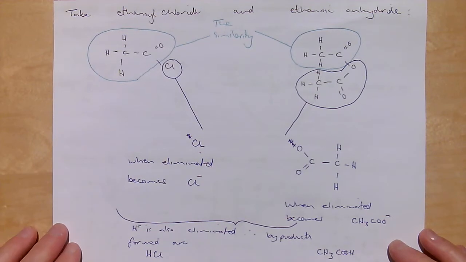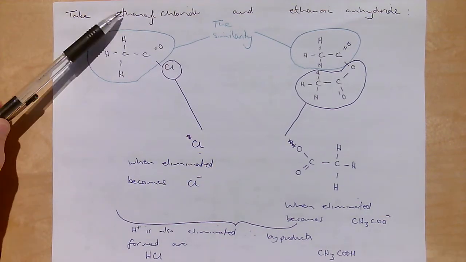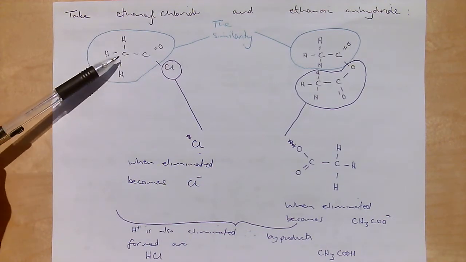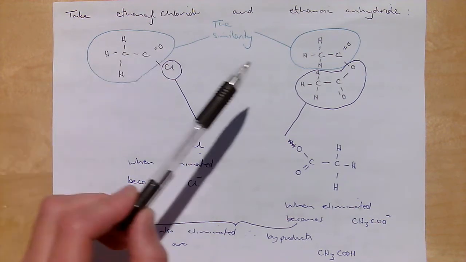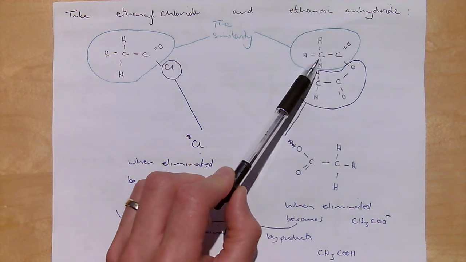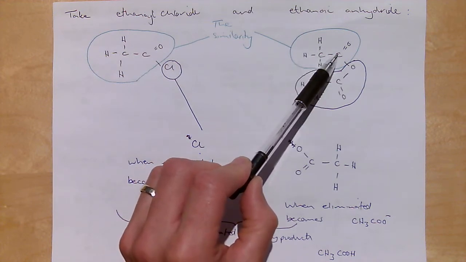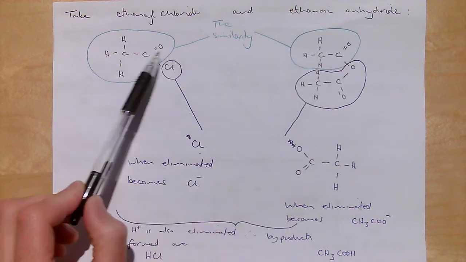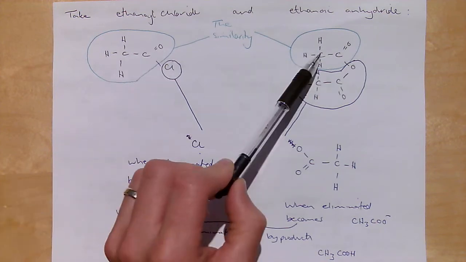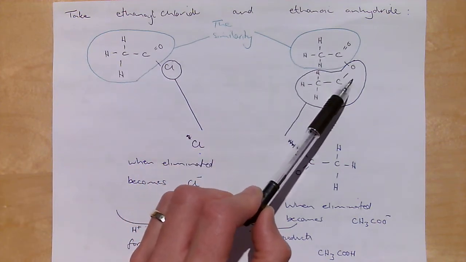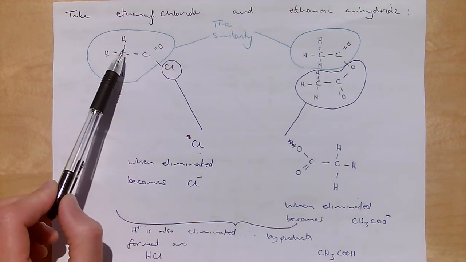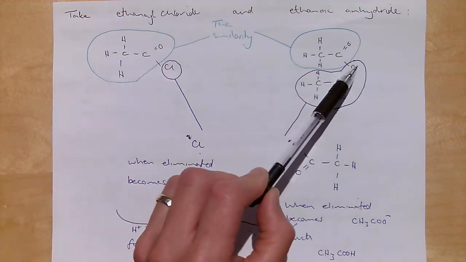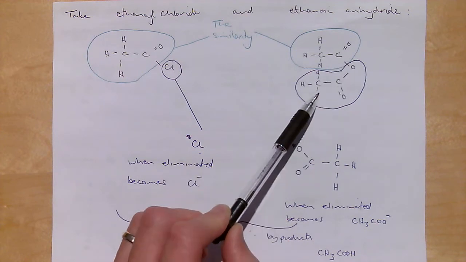So here we have it. If I was to take ethanoyl chloride, it would look like this, CH3COCl. Ethanoic anhydride has a CH3CO, so that's the same, but where I had the Cl on the ethanoyl chloride, I've got CH3COO on my acid anhydride.